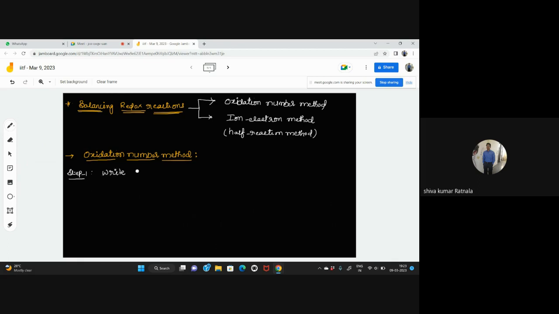First step, write the skeletal equation of all the reactants and products.